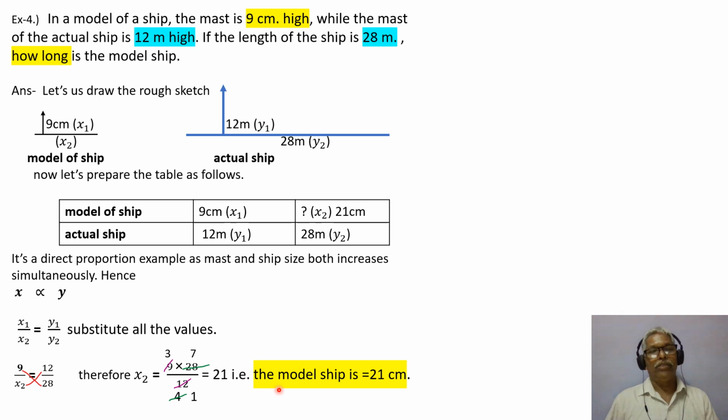That is, the model ship is 21 centimeters. Don't forget to write these units. So I have written it here. So solve as many problems as you can, and it will be a very simple subject for you. Okay. So we move ahead.